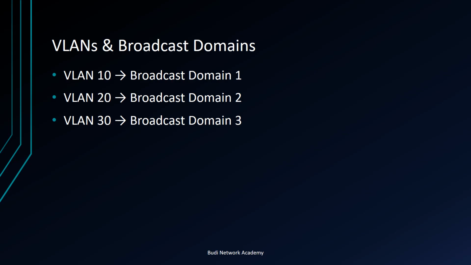VLAN 20 has another broadcast domain, and VLAN 30 has another one. This helps reduce unnecessary broadcast traffic and makes the network easier to organize. So remember, one VLAN equals one broadcast domain.